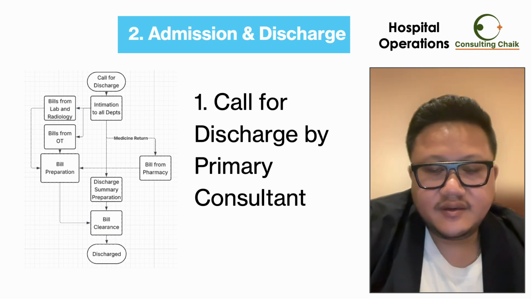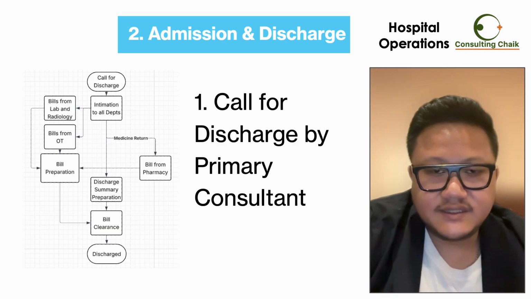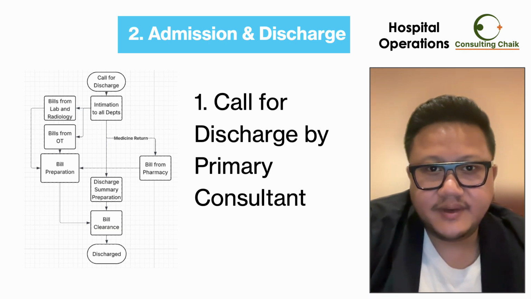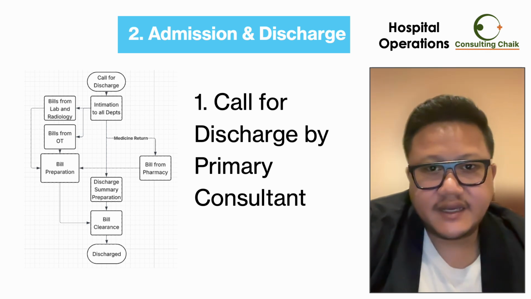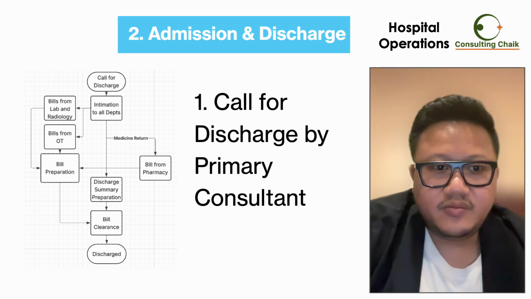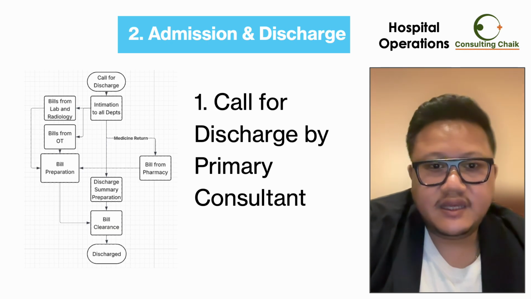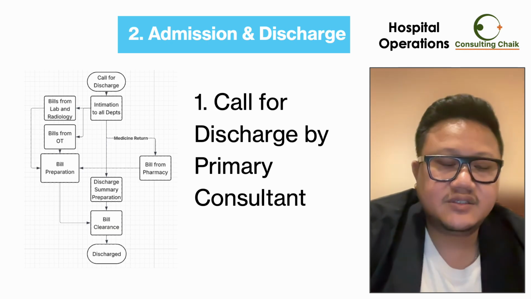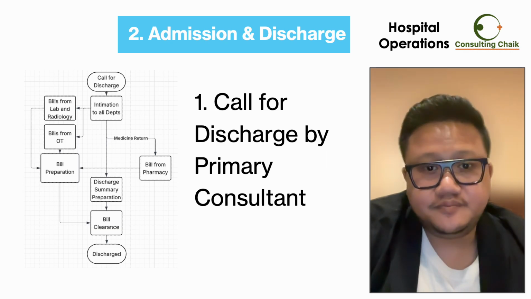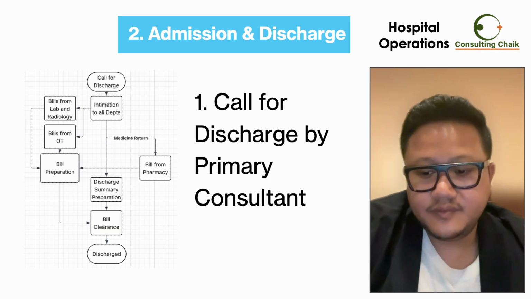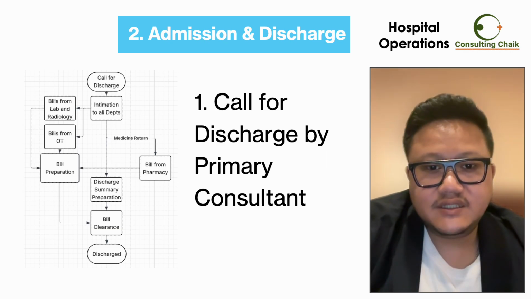The GI consultant is a primary consultant, and the person also has diabetes, so endocrinologist will be the secondary consultant. So when both consultants give clearance independently, then only the call for discharge is taken.